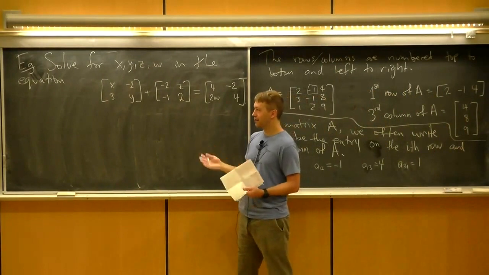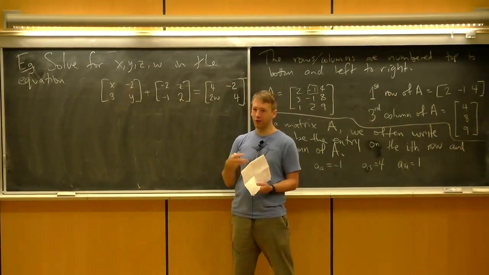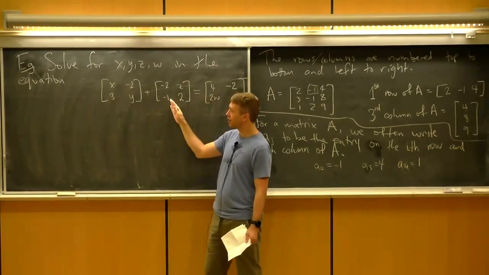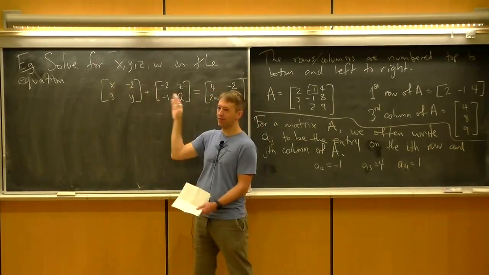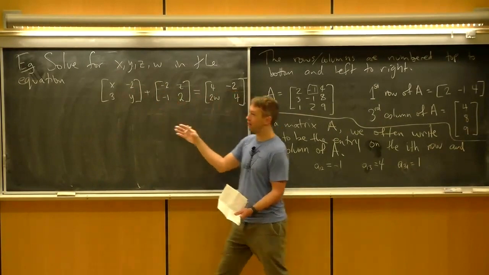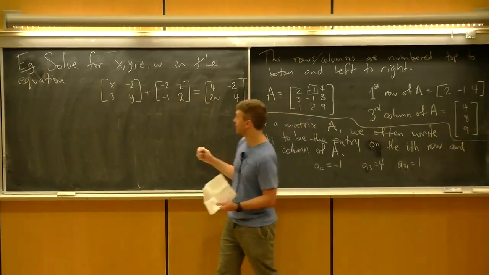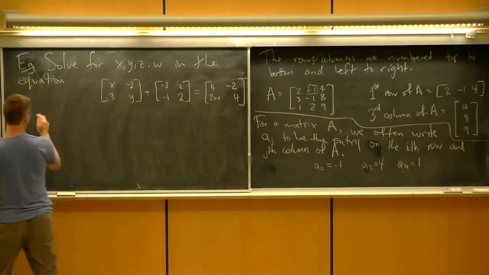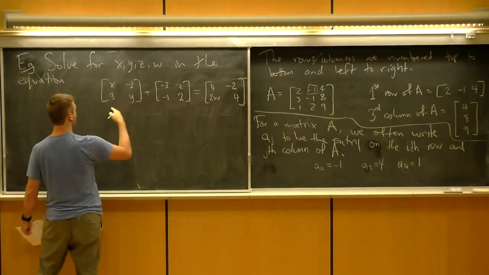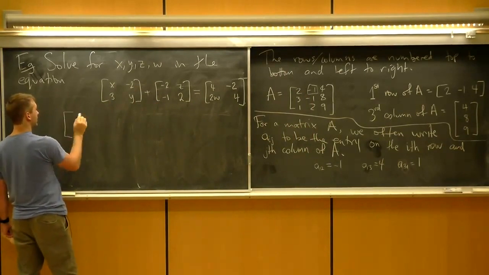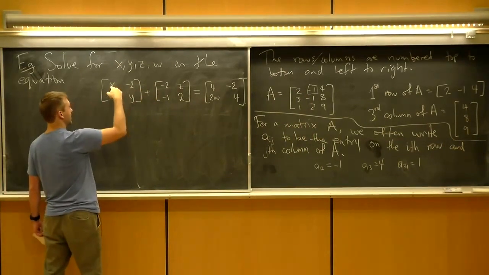So here all this really requires is for you to understand how matrix addition works, so that I can add these two things together, and how equality works with matrices. So the left side, I can combine these two. To add these two matrices, I just add the entries.